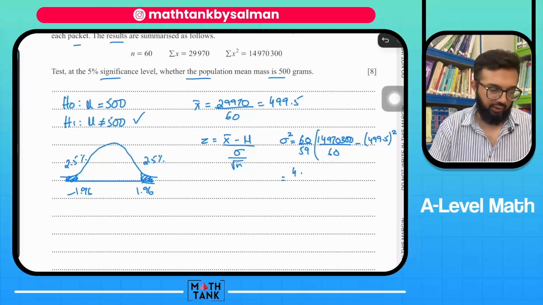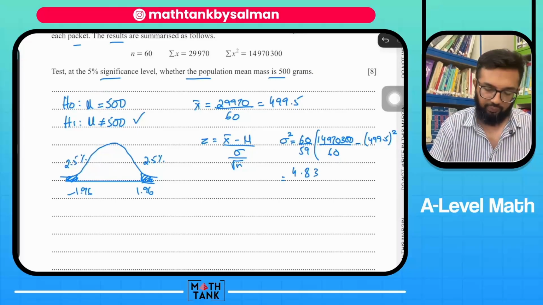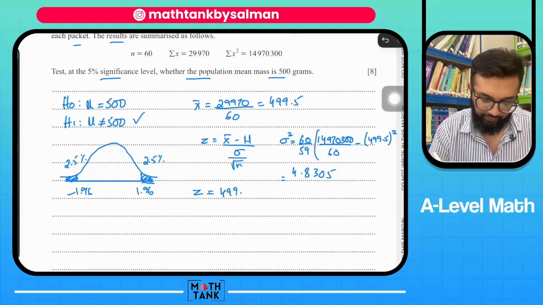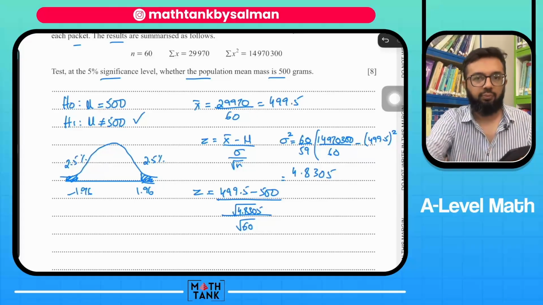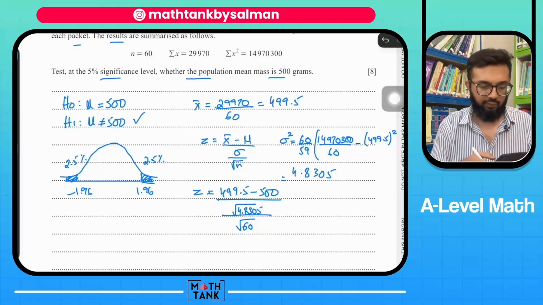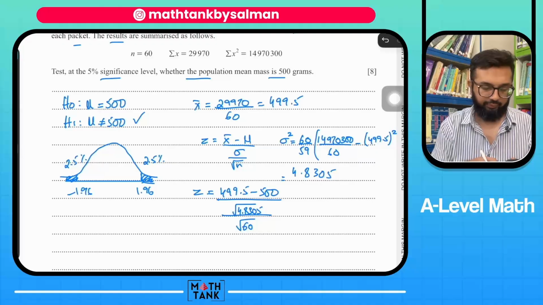So 4.8305. Okay, so z is going to be x bar minus mu over root of 4.8305 over root of 60. Then 499.5 minus 500 over root of 4.8305 over root of 60, which is minus 1.762.